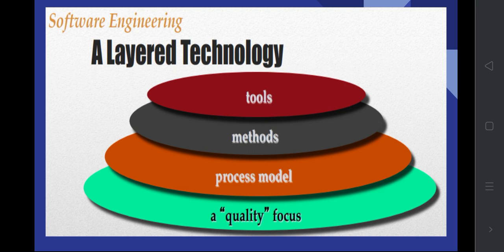So normally when you develop anything we need the quality to be maintained, and in order to obtain a quality product we need some process, and that process has to be obtained through some methods, and for that we are using some tools. Okay, so let us see one by one in detail.